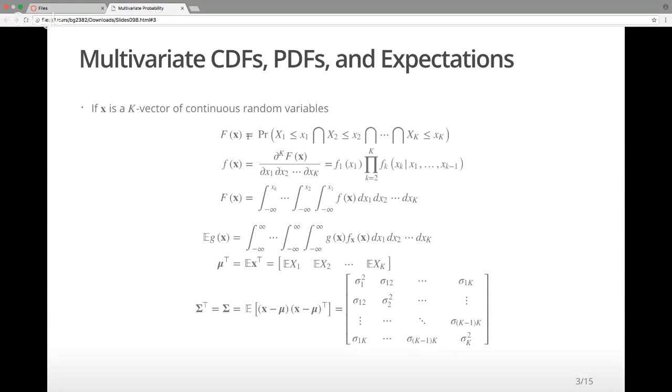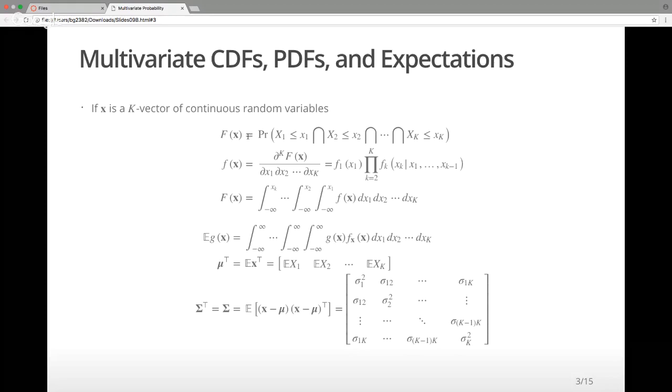One way of doing so, which is reasonably common, is to write a multivariate PDF, using the general multiplication rule, as the product of a marginal PDF for the first random variable multiplied by a conditional PDF for the second random variable given the first random variable, multiplied by a conditional PDF for the third random variable given the first and second random variables, et cetera, multiplied by a conditional distribution for the last random variable given all the previous random variables.